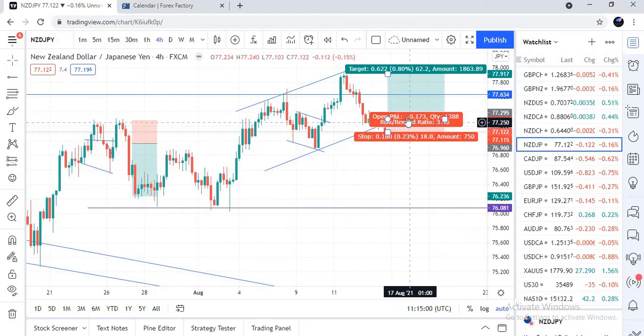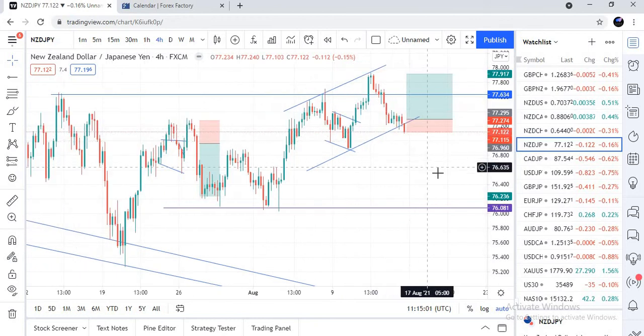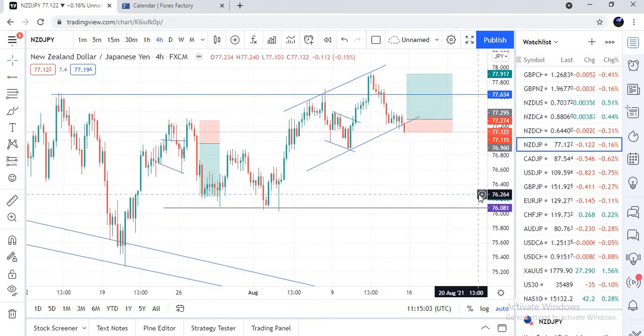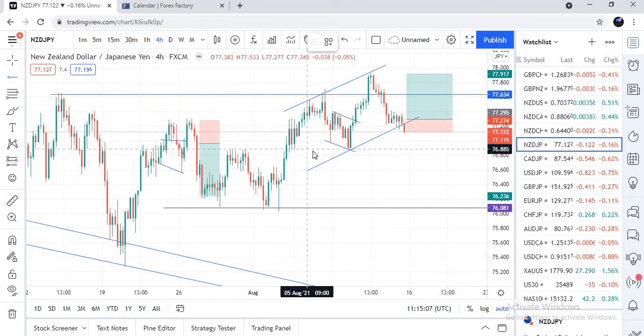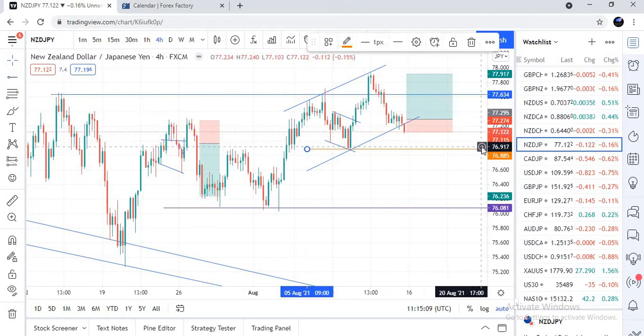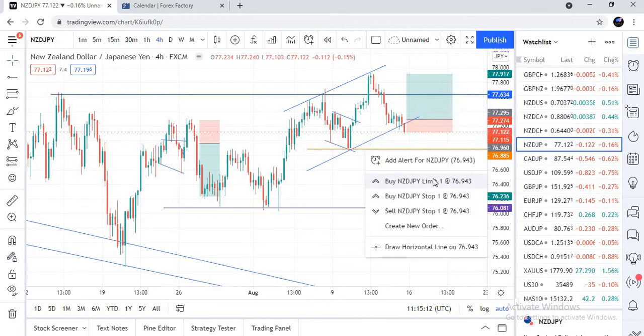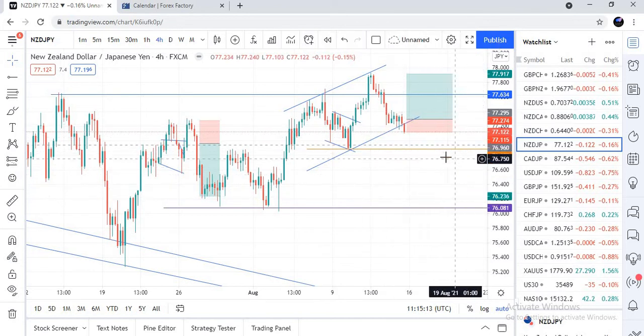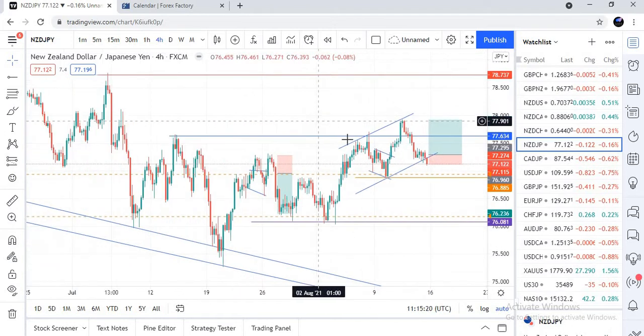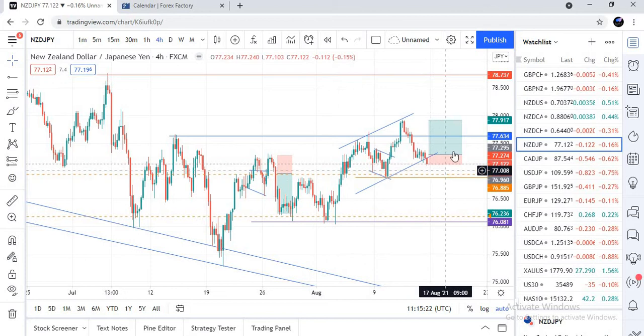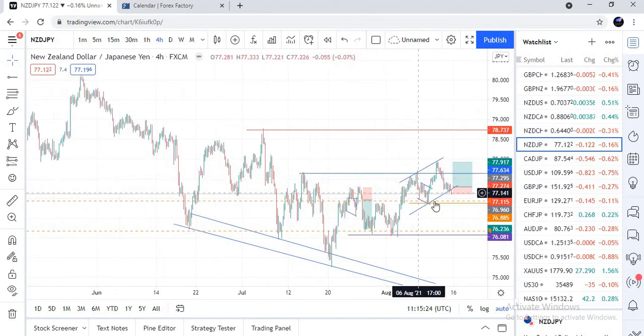And I'm predicting that the price is going to move either to this level and bounce, or it's going to break this level and get to this level and bounce. So we have set two alert levels for the NZDJPY.